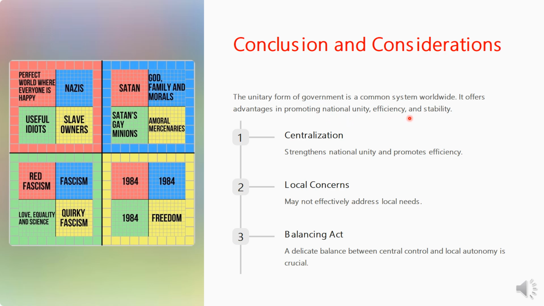A unitary form of government offers several benefits, including efficient decision making, strong national identity, and effective resource allocation, etc. However, it also has some drawbacks, such as limited regional autonomy, potential for abuse of power, and disconnect from local needs. So ultimately, the suitability of a unitary system depends on the specific context and needs of a country.